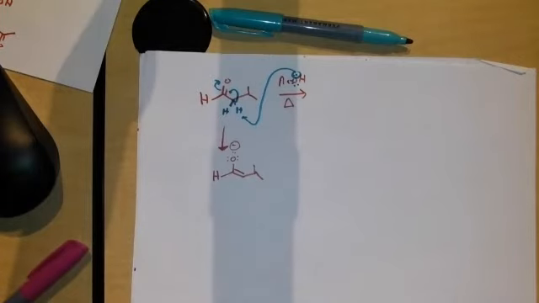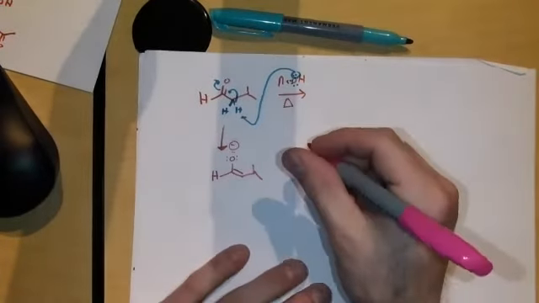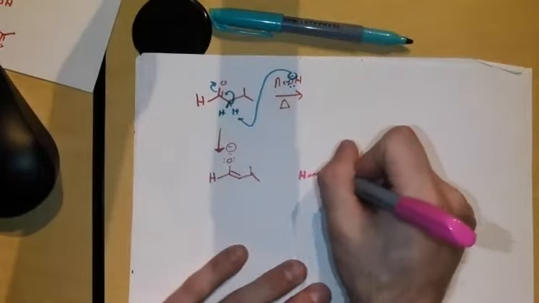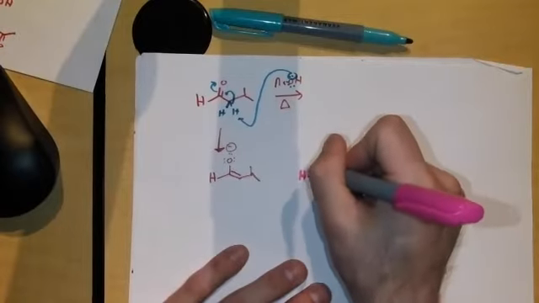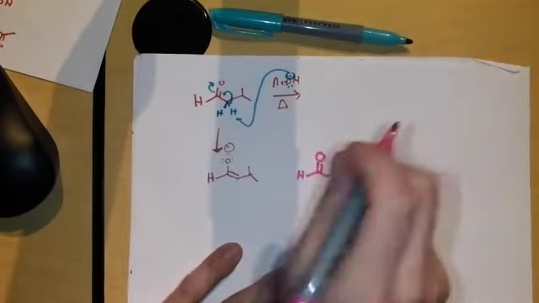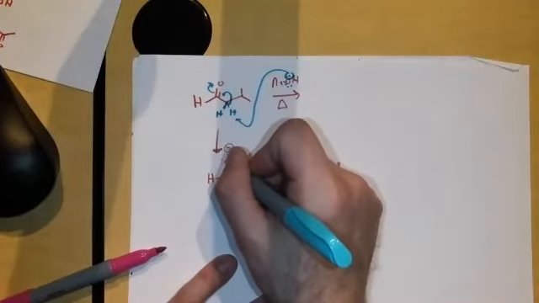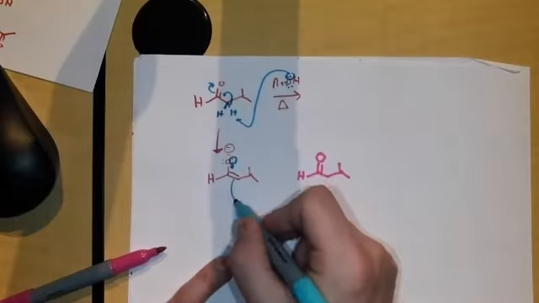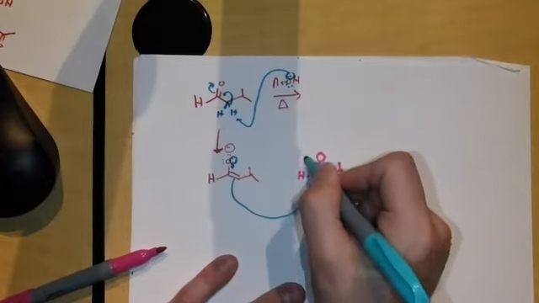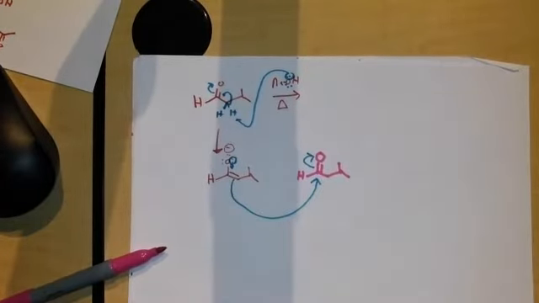From here, we can interact with another equivalent of our starting aldehyde. So our electrons come down, reform our carbonyl, and attack this aldehyde over here.